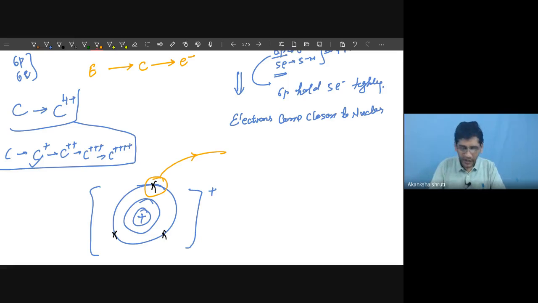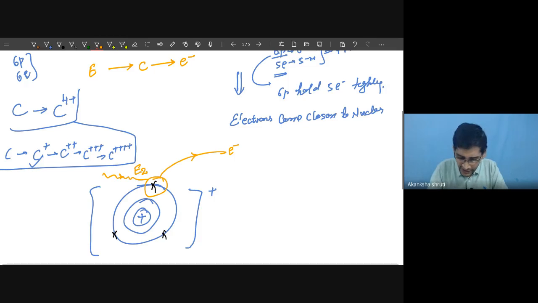Now I want to remove this electron. Again I need some energy. Students, I have to give some energy. Can anyone tell me the energy required, the value E2? I am assuming E2 as the value of energy required for removing one electron from C plus, so that this electron is going to come out.